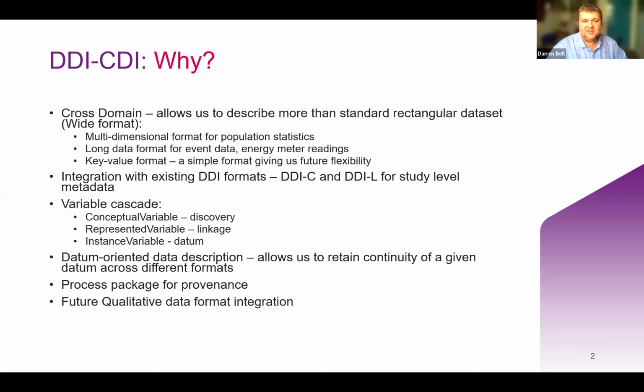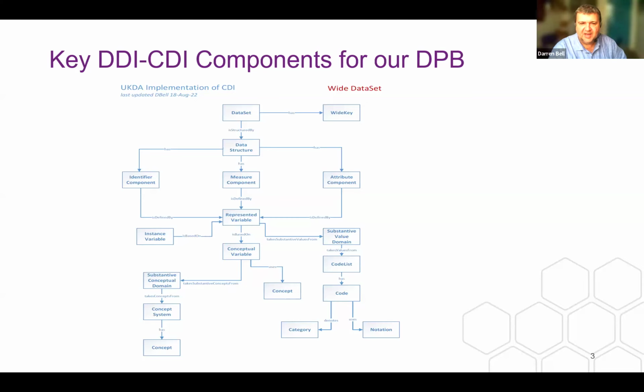I'm not going to walk through all of these, but when Arafan talked about profile earlier on, this is effectively the subset of classes that we use within our CDI implementation. There might be a couple of things that have changed over the last couple of years, but this is broadly what we use. The variable cascade. We use identifier components, measures, and attributes, which are really important in determining what types of linkage we have, and then concepts.